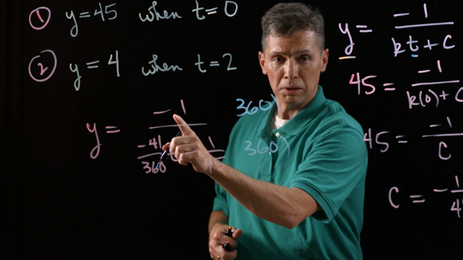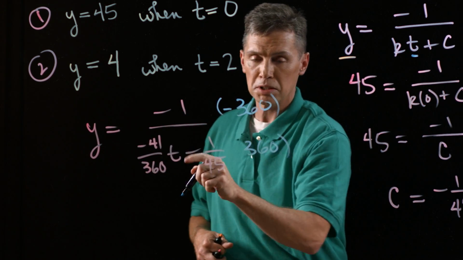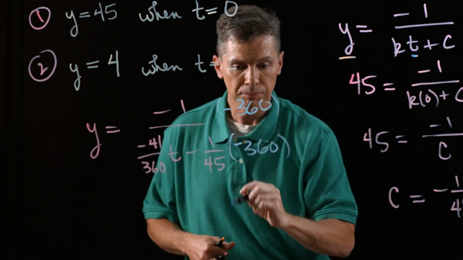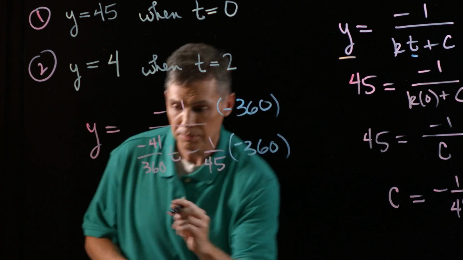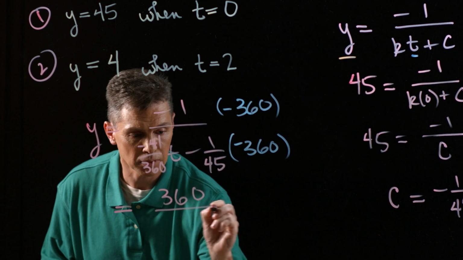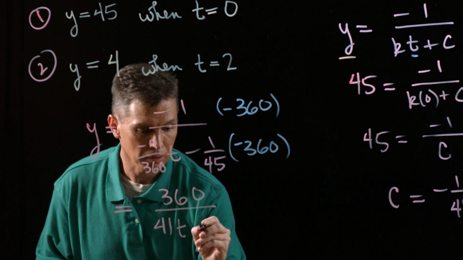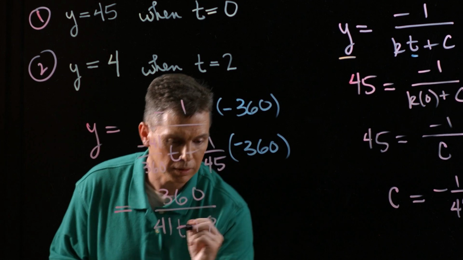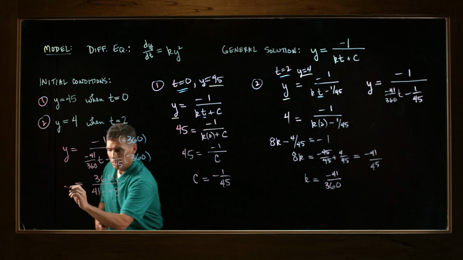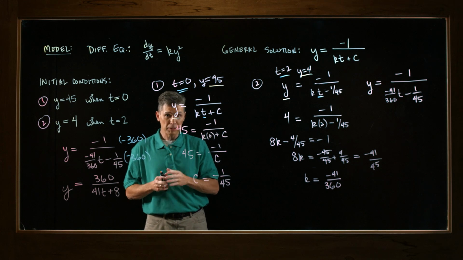But I'm also going to take the liberty to multiply by a negative 360 in order to clear each of these minus signs. If I do that multiplication, y equals 360 divided by positive 41t plus 8. And that's a better looking final answer.